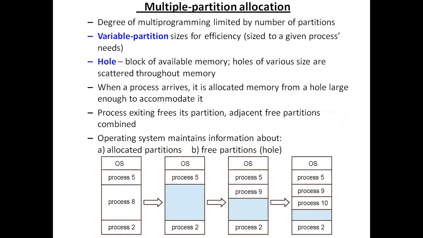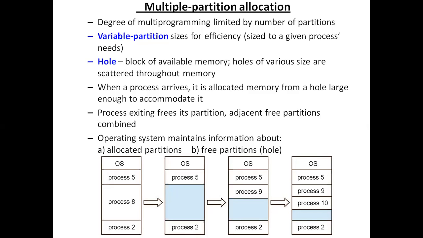One of the simplest methods of allocating memory is to divide memory into several fixed or variable sized partitions. Here the memory is divided into partitions, either of fixed size or of variable size. Each partition may contain exactly one process. I design it in such a way that each partition can hold only one process.